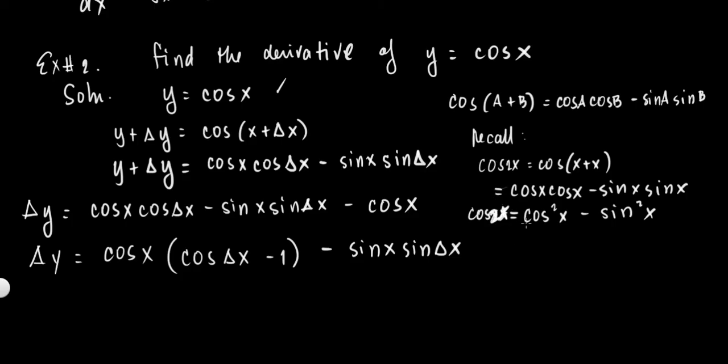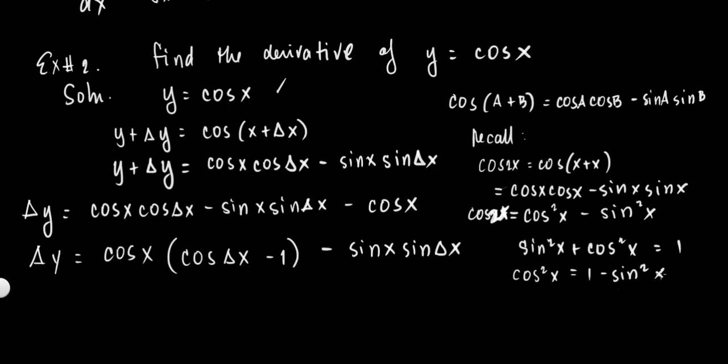Now, sine square x plus cosine square x, we know that this is equal to 1. And solving for cosine square x, we transpose the sine square x on the other side. So we have 1 minus sine square of x.